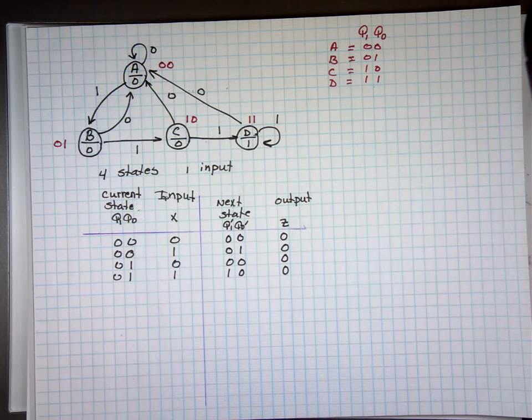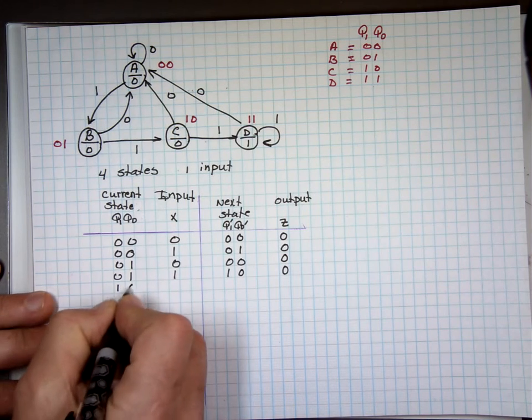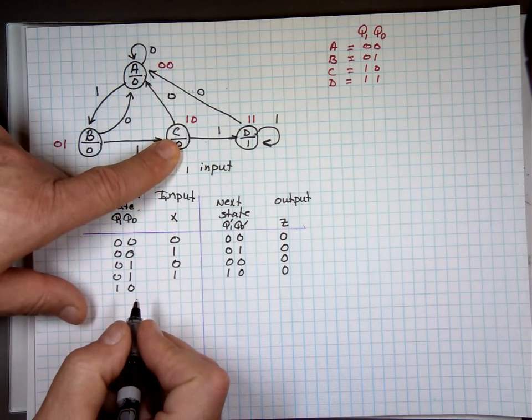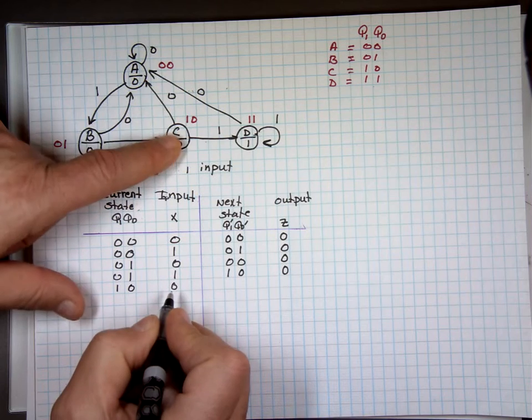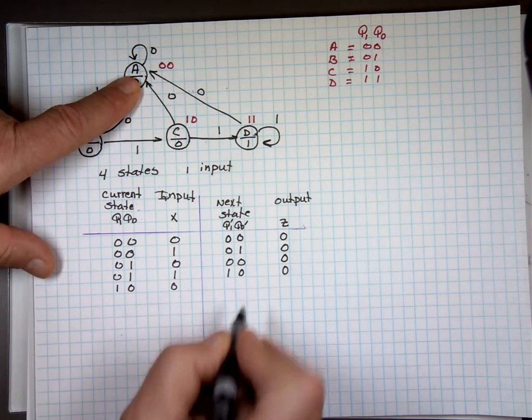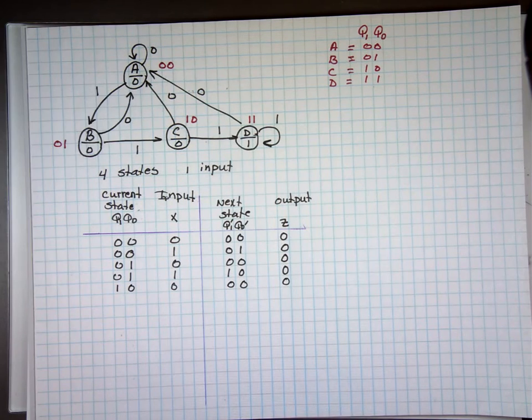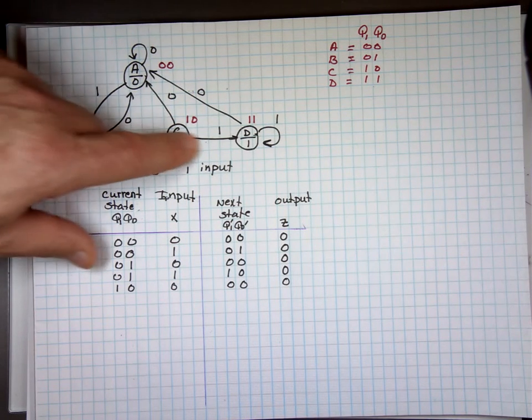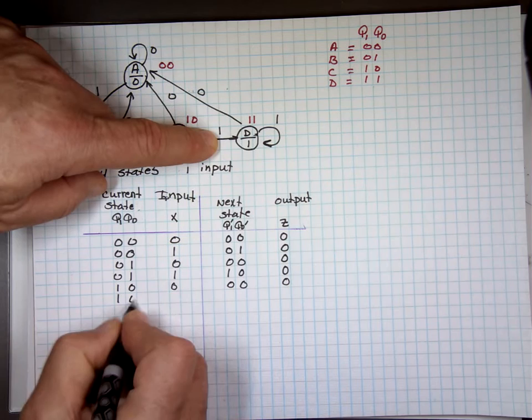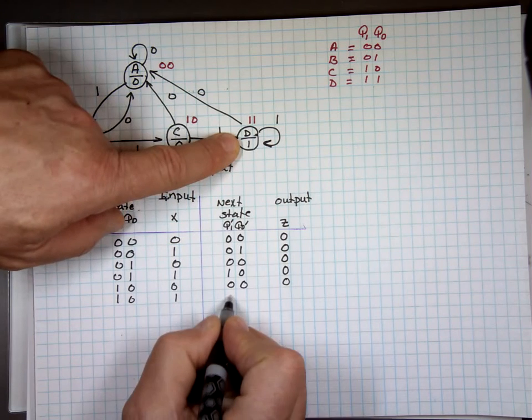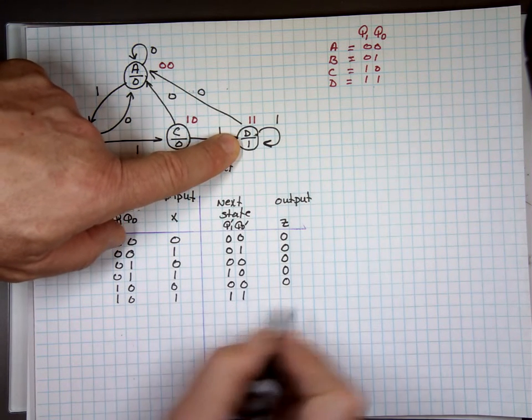If I'm at state 1, 0 now, that's this one, and I put a 0, according to my diagram, I go back to A. 0, 0, my output is 0. But if I put a 1, where do I go? To 1, 1. Is there an output there? Yes.